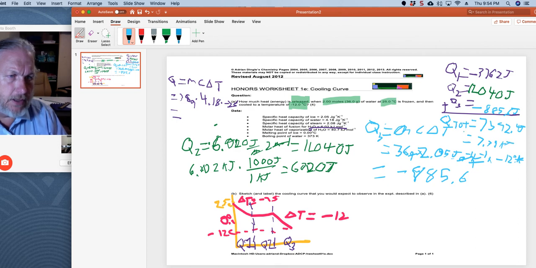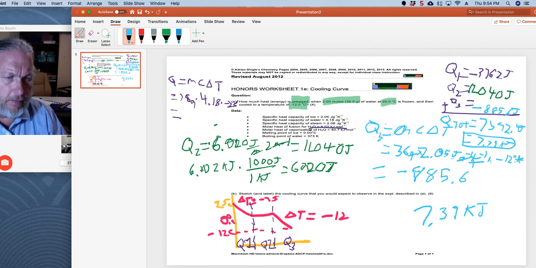I'm going to box that in, and then write it down here because that looked terrible. 7.39 kilojoules. I've got 3 significant figures.